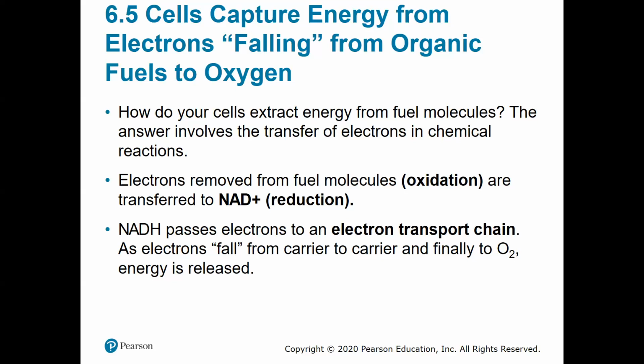It's reduction. Which kind of sounds backwards, but it has to do with the fact that electrons are negatively charged. So if you are to gain a negatively charged electron, so you're gaining a negative, you're being reduced. And if you lose something that's negative, then you're being oxidized, which is oxidation.